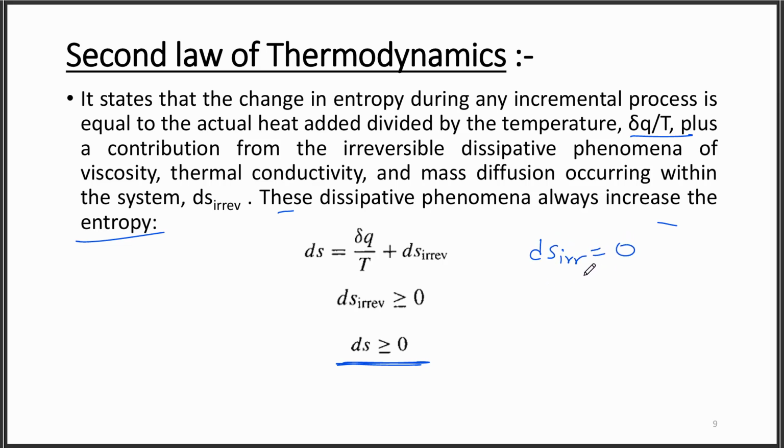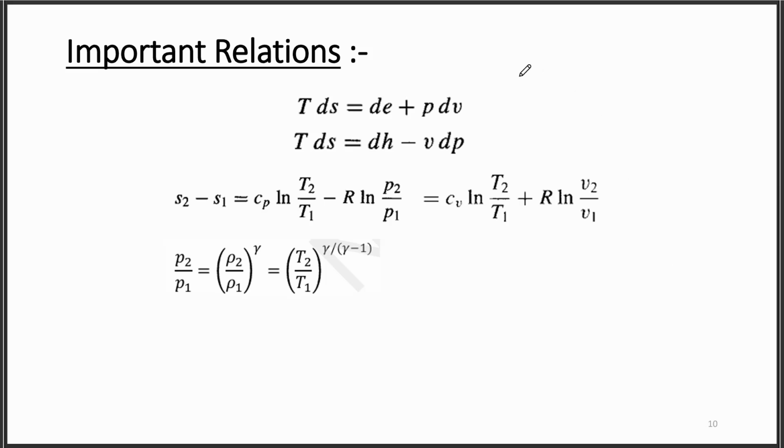It means there is no irreversibility, so the process will be reversible. So dS will be del Q reversible upon T. So for a reversible process, del Q is equal to TdS.